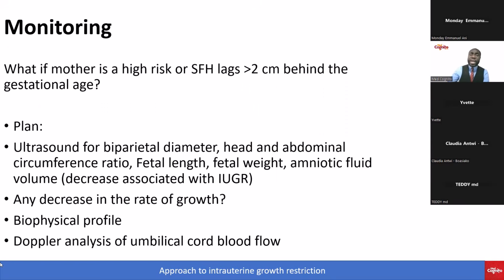Then number two, I'm going to do serial ultrasound for the biparietal diameter, for the head, for the abdominal circumference, head to abdominal circumference ratio, for the fetal length, for fetal weight, for amniotic fluid volume. Then I'm going to check regularly if there has been any decrease in the rate of growth. And I'm going to do biophysical profile. And I'm going to do a Doppler analysis of umbilical cord blood flow.